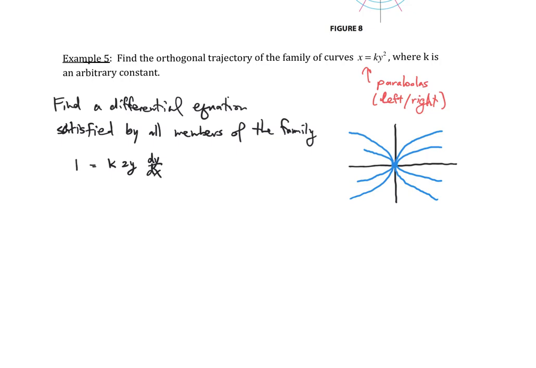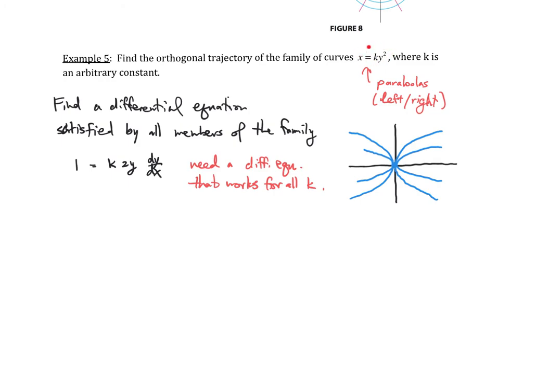What we see here is that we have this k. We need a differential equation that works for all k. But we already have k being described by this function.